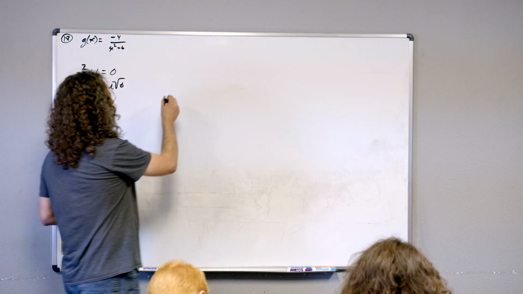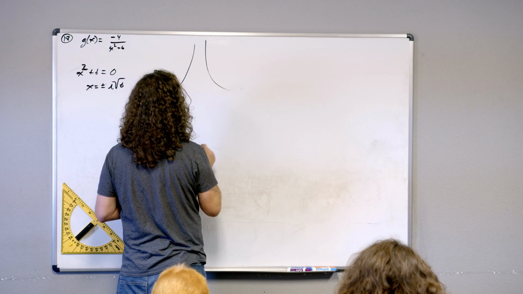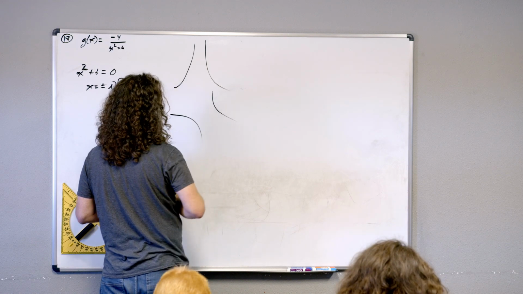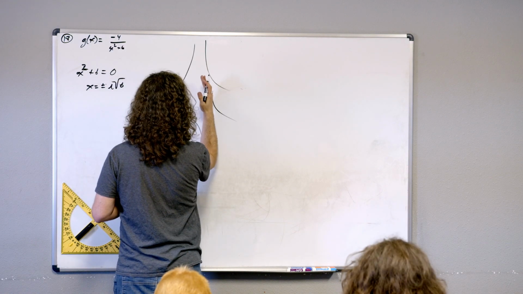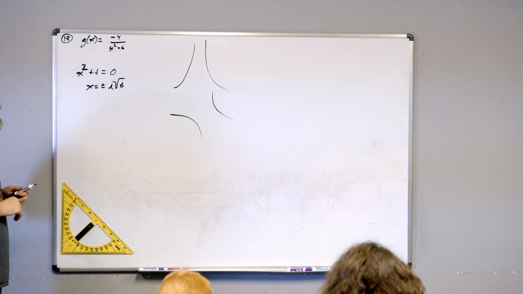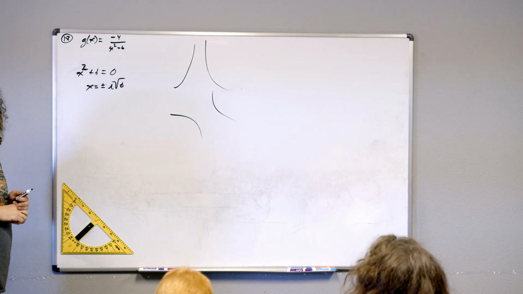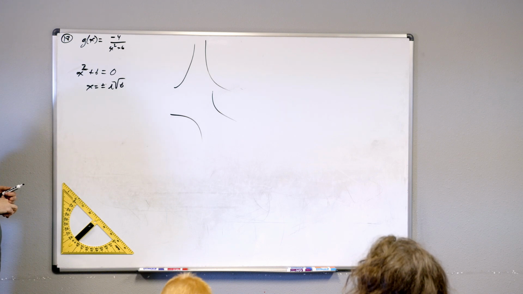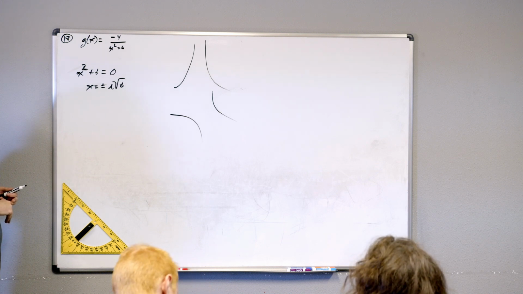So it's never going to go up or down toward infinity. That's not actually going to be there, right? So the domain is just going to be negative infinity to positive infinity? Yes.